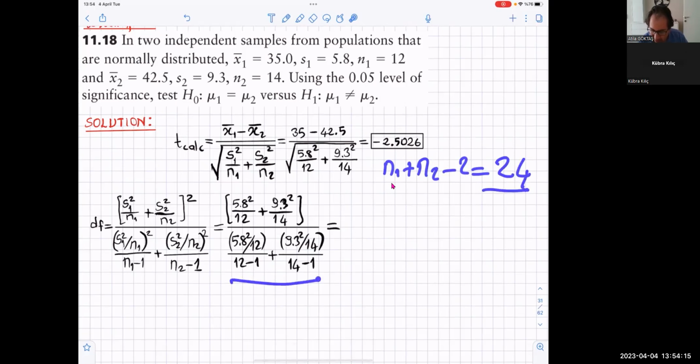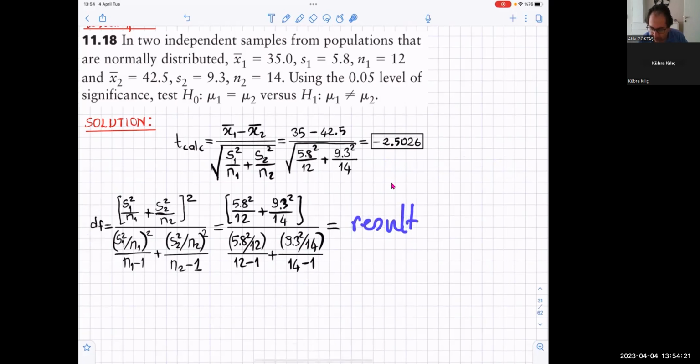So the result from this formula should be less than 24. If it is not, then I have a miscalculation. I also forgot the square here, and another square here. Fine, let's get going with the calculation.